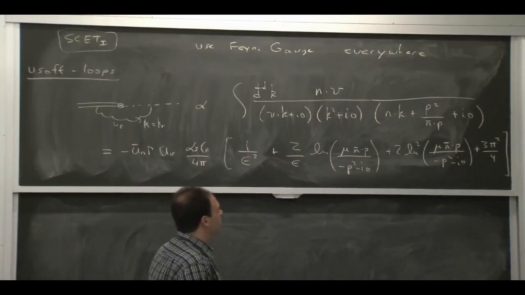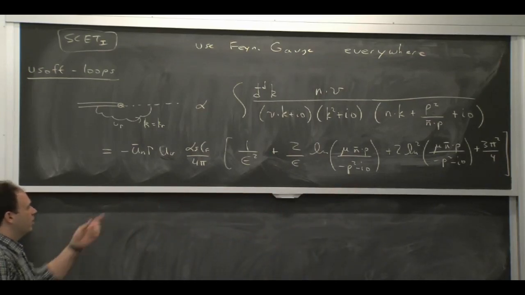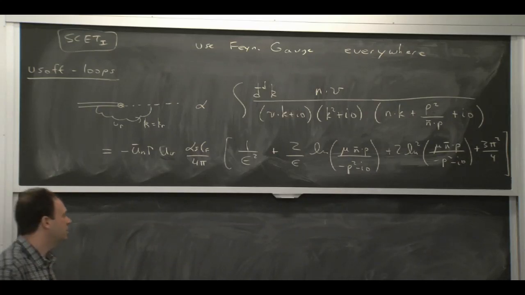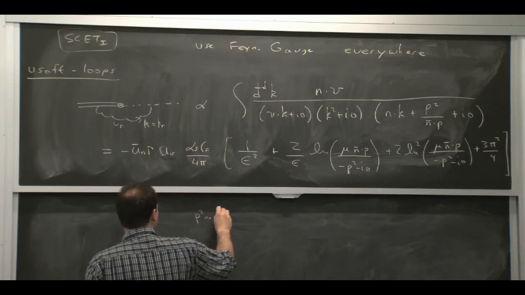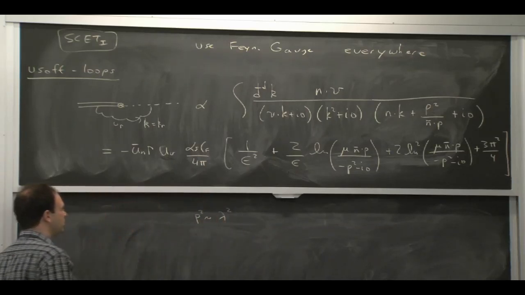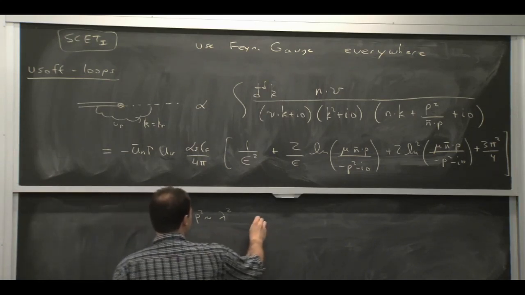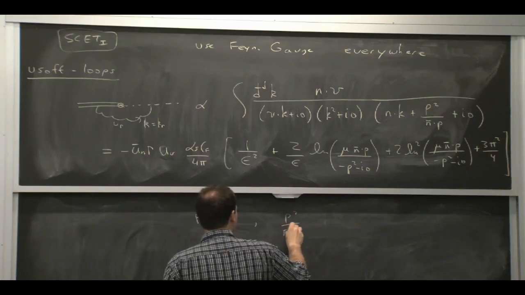One thing that we can note here is that if you think about the scales in the problem, remember that our loop integral was totally homogeneous in the power counting. The lambdas were totally homogeneous. And if you think about p squared as scaling like lambda squared, which is natural size for an external collinear momentum, then so does p squared over n bar dot p.